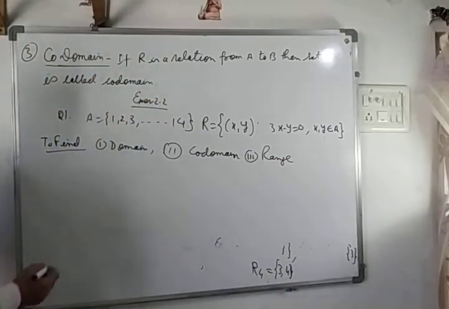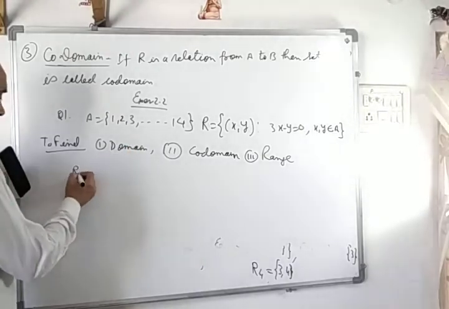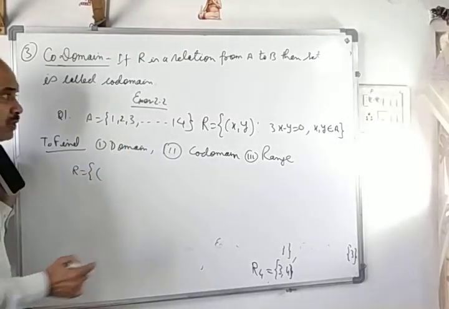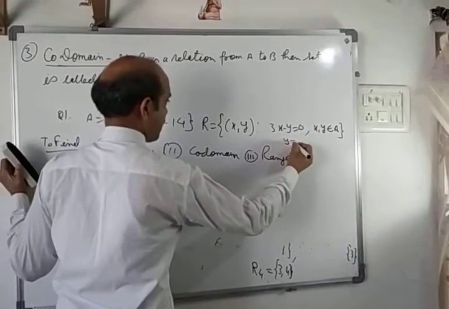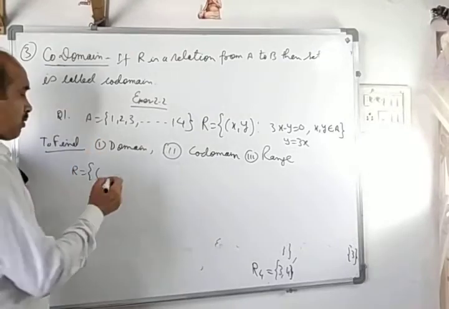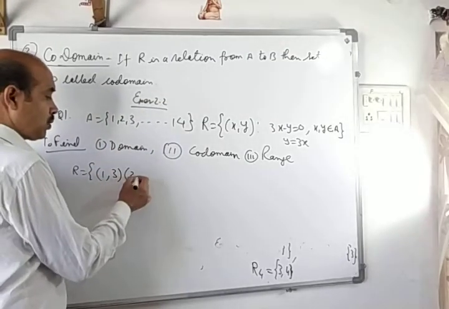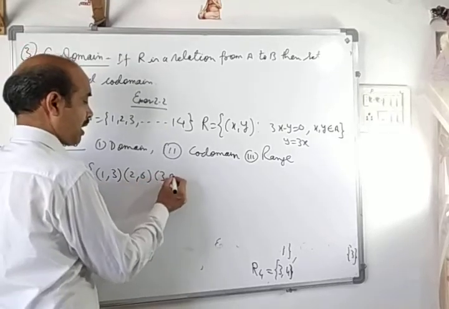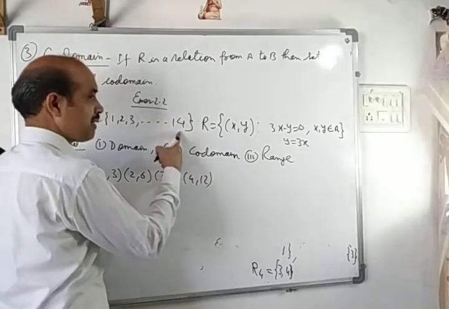So first of all, you can write R as ordered pairs. See here, y is transferred here, so y is thrice of x. If you take x equal to 1, then y will be 3; 2 then 6; 3 then 9; 4 then 12; but 5 then 15 is not here.